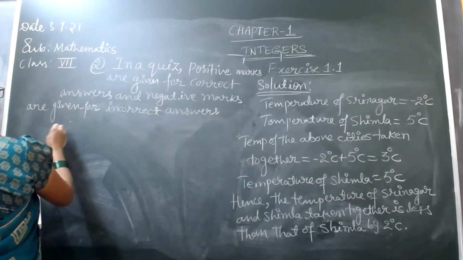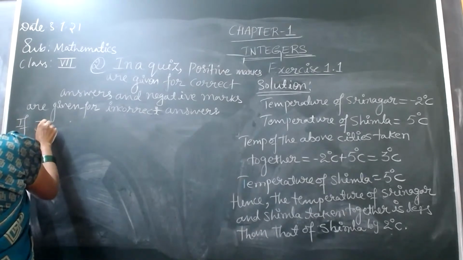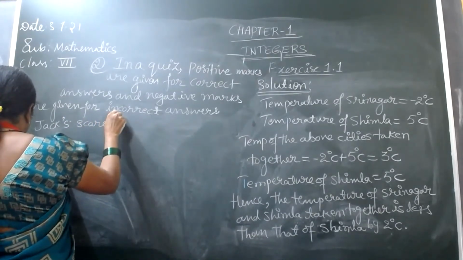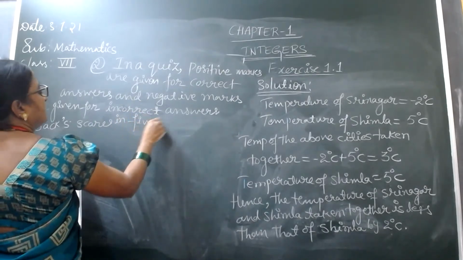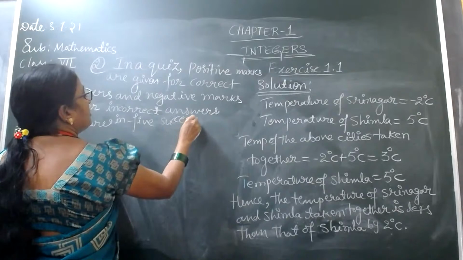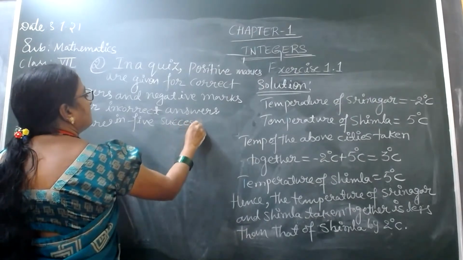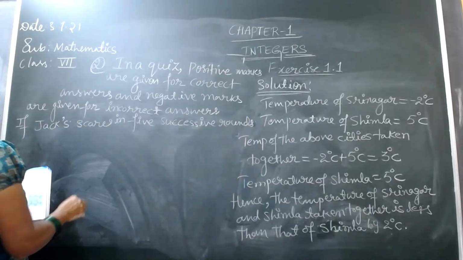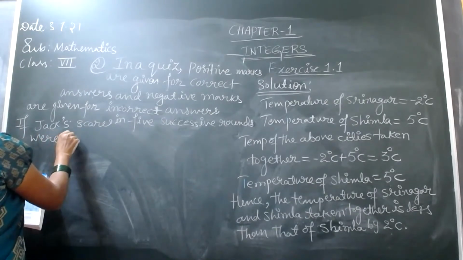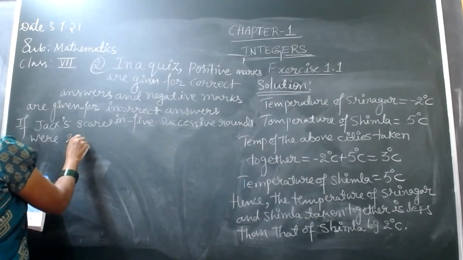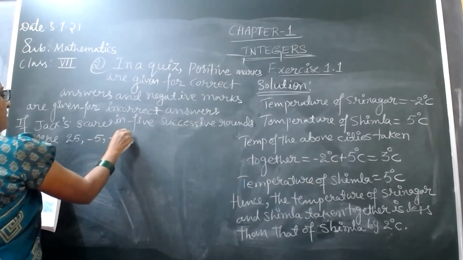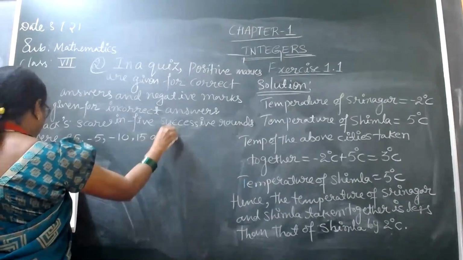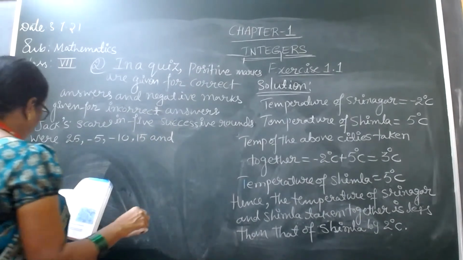If Jack scores in 5 successive rounds, question number 2 students are writing here: 25, minus 5, minus 10, 15, and 10.